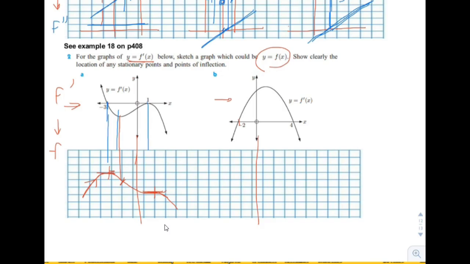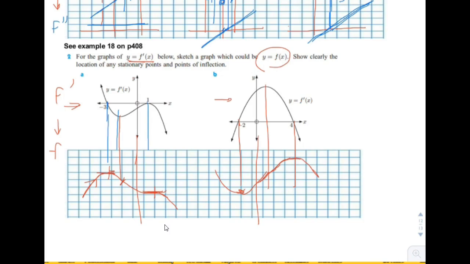Alright, now let's do it for this parabola here. These would be the points where interesting things would happen. First it's a negative slope, and then it flattens out, right? And then it's a positive slope, and then there's an inflection here, and then here it's flat again, and then it's a negative slope.